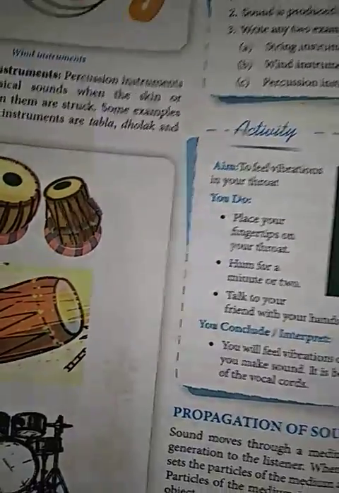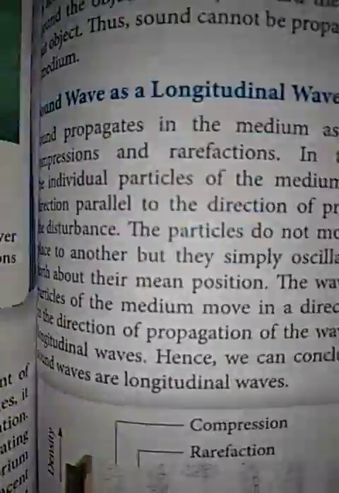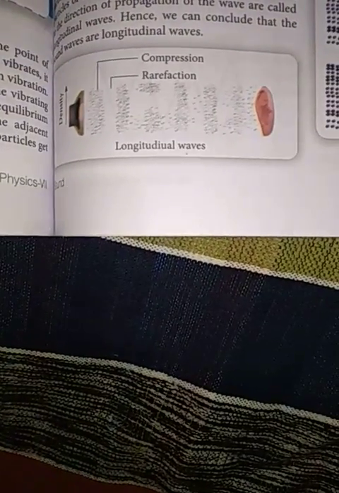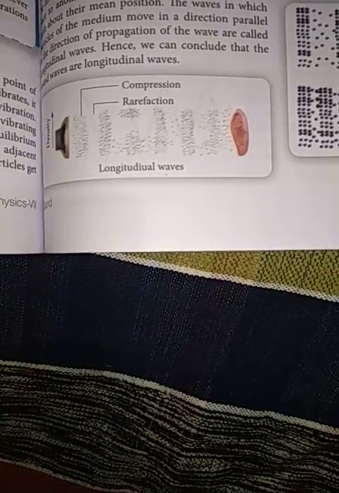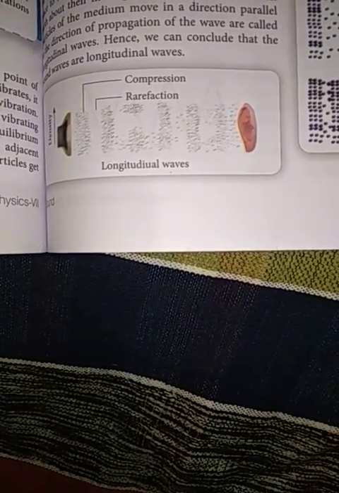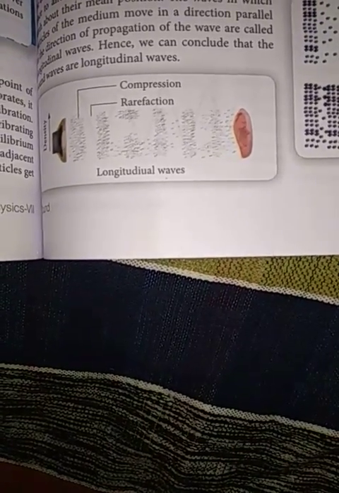Sound wave as a longitudinal wave. Sound propagates in the medium as a series of compressions and rarefactions. In these waves, the individual particles of the medium move in a direction parallel to the direction of propagation of disturbance.